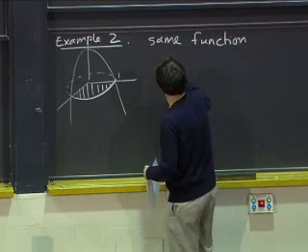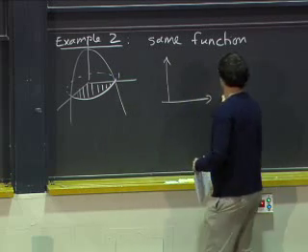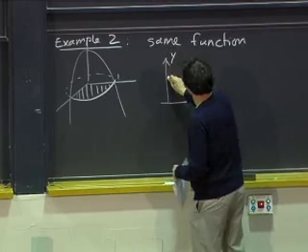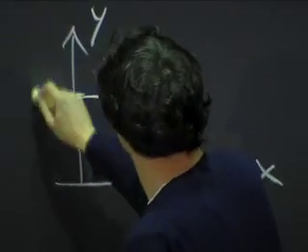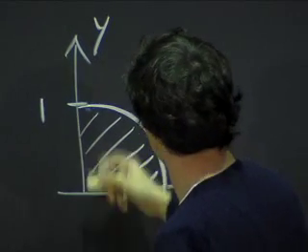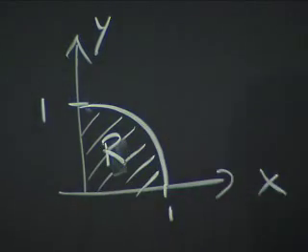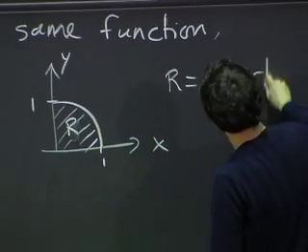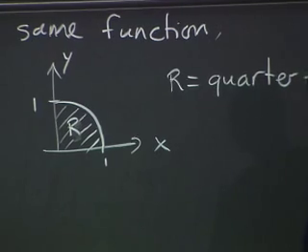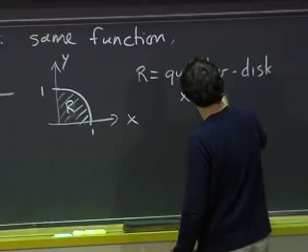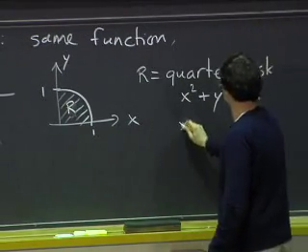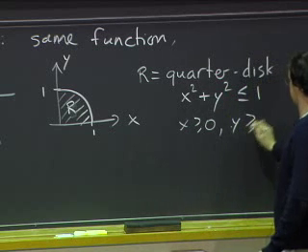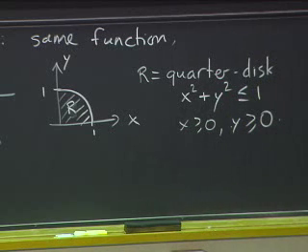Okay, so maybe I should draw a picture in the xy plane. That's my new region R. Okay? So in principle, it will be the same integral, but what changes is the bounds.